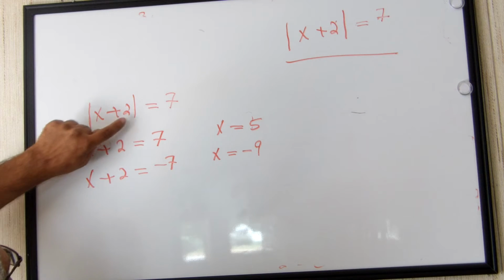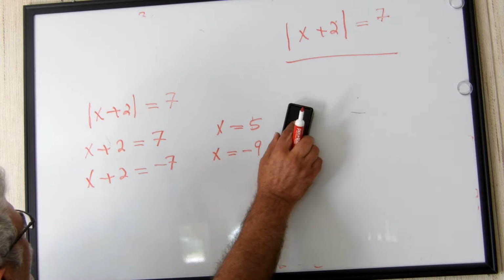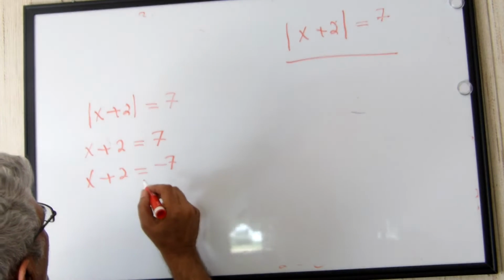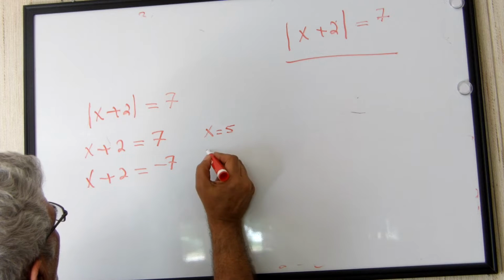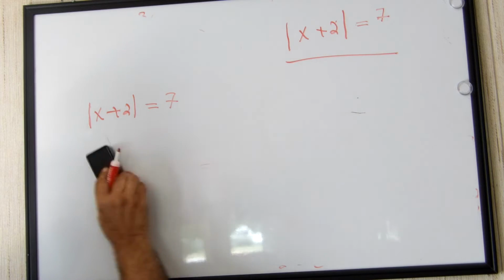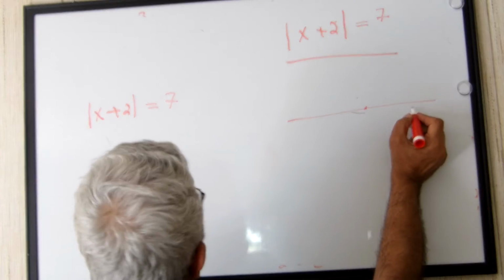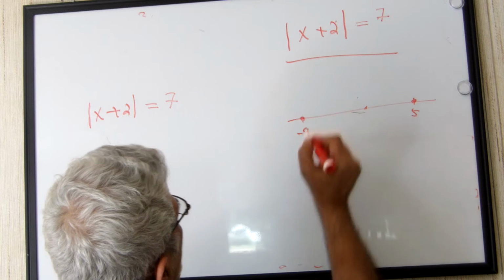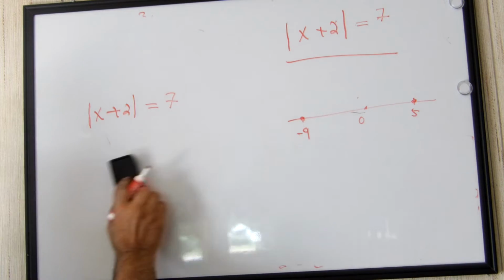With minus 9, minus 9 plus 2 is minus 7. The absolute value of minus 7 is 7. So it has two values. Either x can be 5 or x is going to be minus 9. Those are the answers. Both of these, 5 and minus 9, give 7.